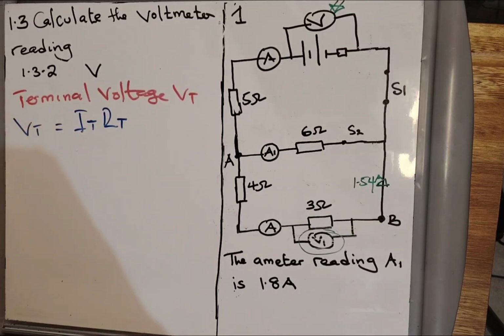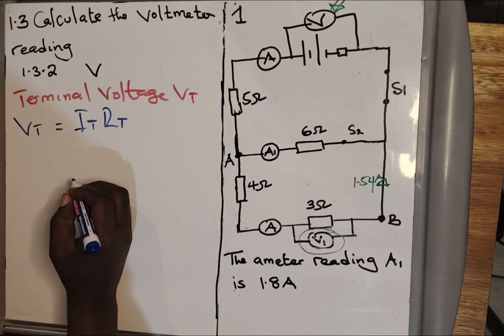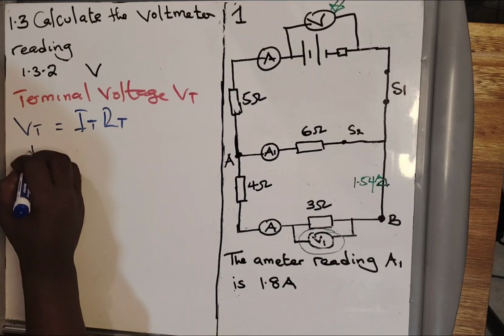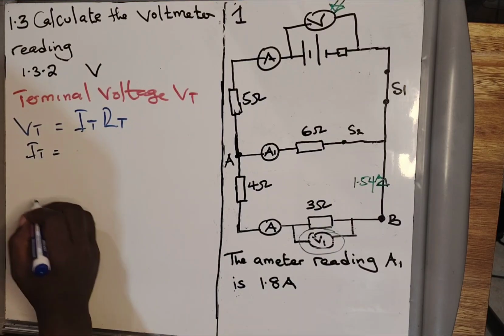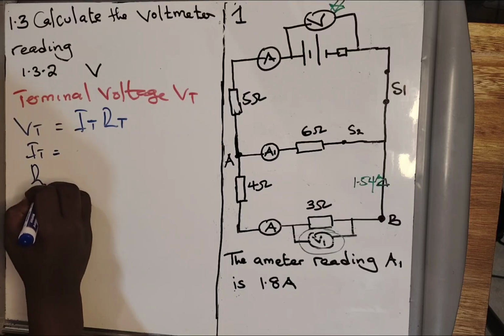The only difference is that these ones are all total. Now we are looking for I total. The question is, do we know I total? Yes, we know it. We found it already. Do we know R total? Yes, we have it.